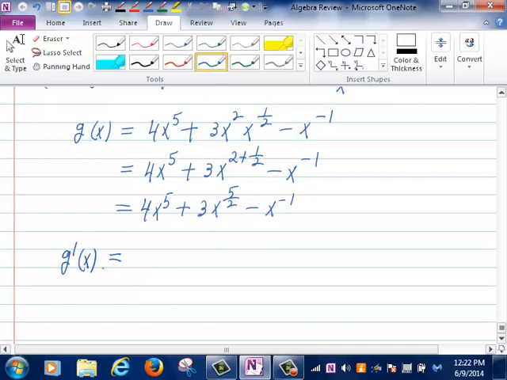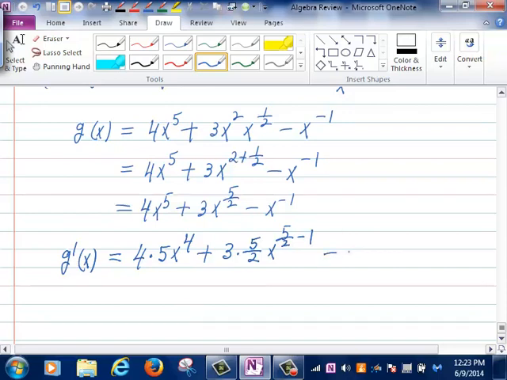I can apply the power rule. So here this would be what? 4 times the derivative of x to the 5. What's the derivative of x to the 5? 5x to the 4. Here I'm going to get 3 multiplied by the derivative of x to the 5 half. What is that? 5 half x to the 5 half minus 1, right?